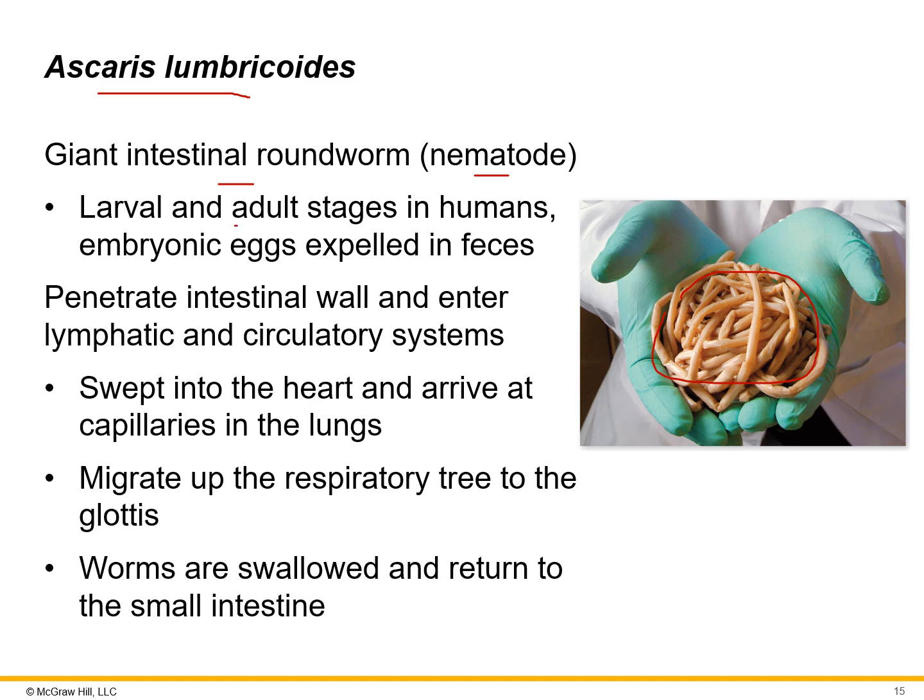But those larvae in adult stages, again, in the humans, eggs get expelled, then get ingested, but they can penetrate the intestinal wall and actually get into the lymph system and the circulatory system. So it's swept into the heart and can go into the lungs, which can lead to coughing symptoms as well. Those worms then are swallowed and returned back to the small intestine, so it keeps reinfecting the same host even.